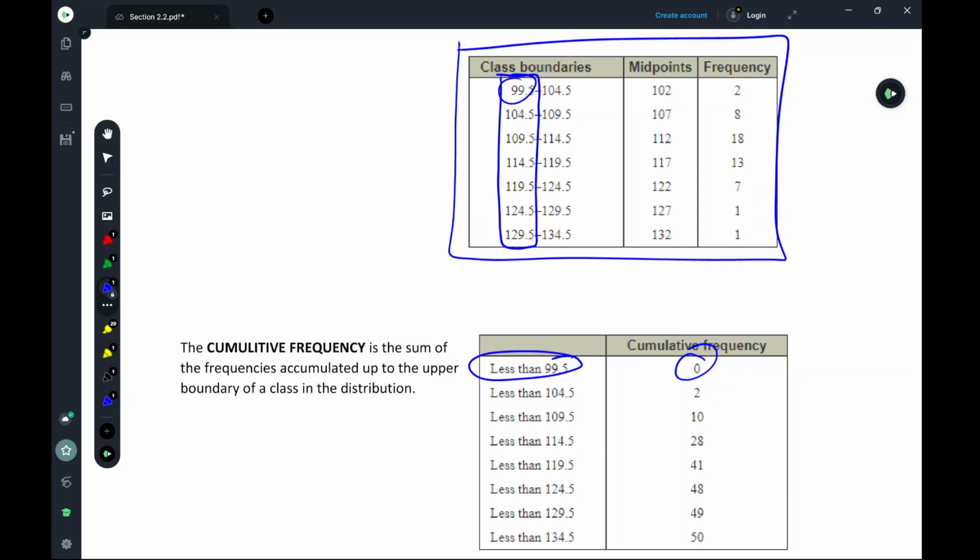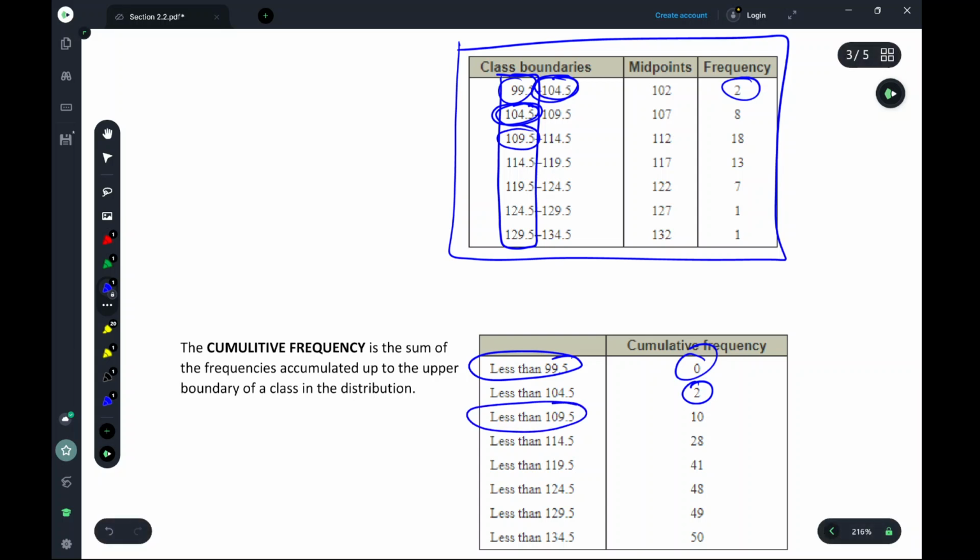But then we take the next lower boundary of 104.5 and we ask ourselves, how many data values are less than this? Well, this is the upper boundary of the class before it. How many data values are there less than 104.5? Well, there's 2 less than 104.5. That's where we get the 2 here. Then let's go up to the next one, the 109.5.